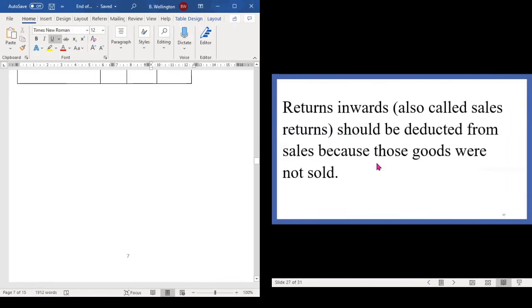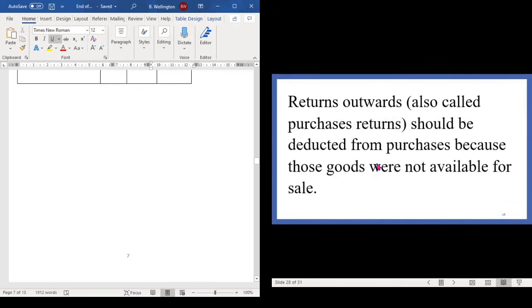Now, returns inwards, also called sales returns, should be deducted from sales because those goods were not sold. Returns outwards, also called purchases returns, should be deducted from purchases because those goods were not available for sale.